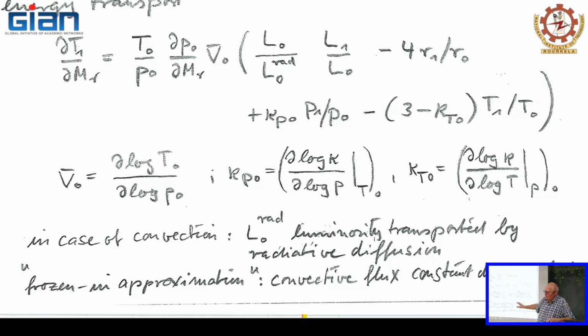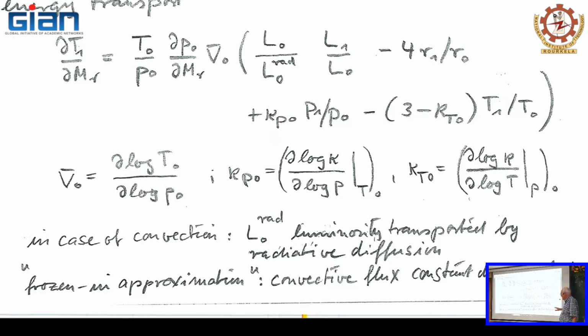You can justify with plausible arguments that for fast pulsations like P modes, the convective flux doesn't have time to react, and the convective flux is maintained during a pulsation cycle. That means the perturbation of the convective flux is zero.